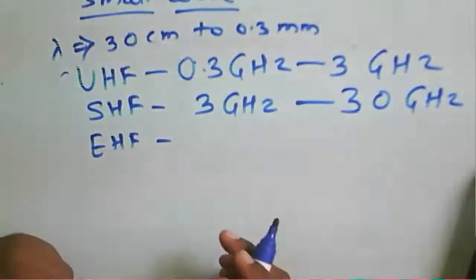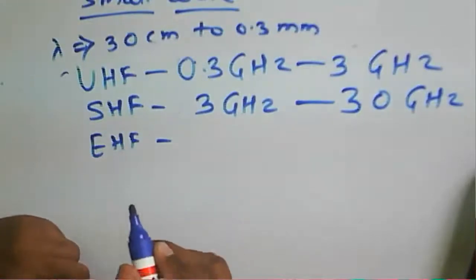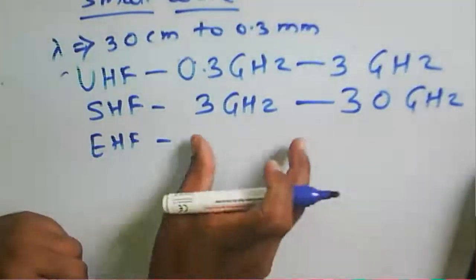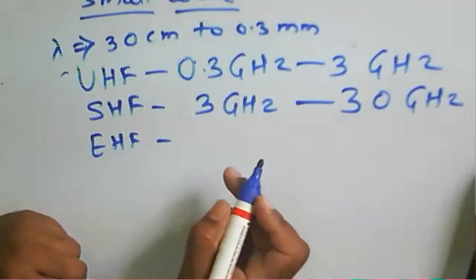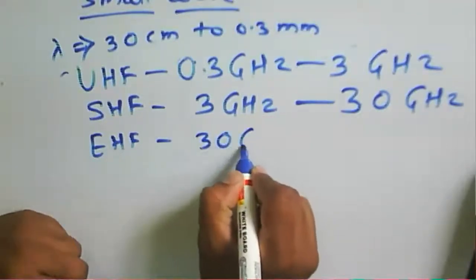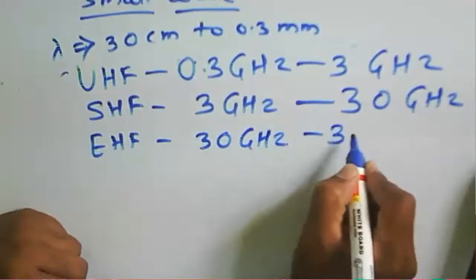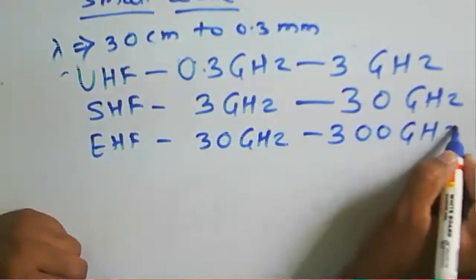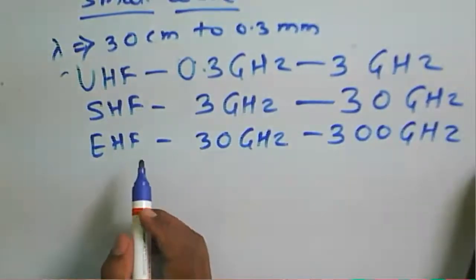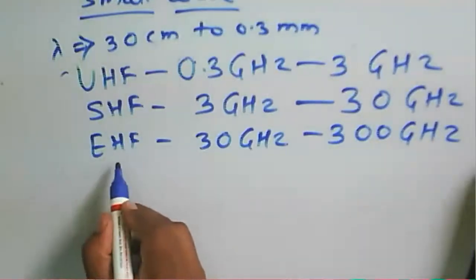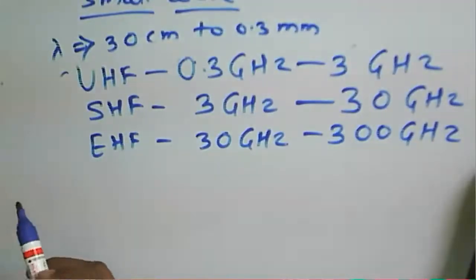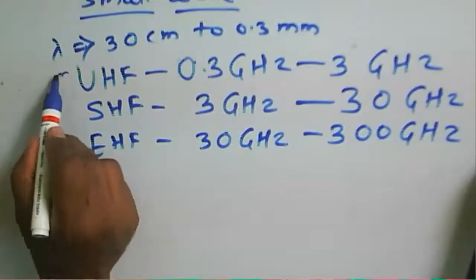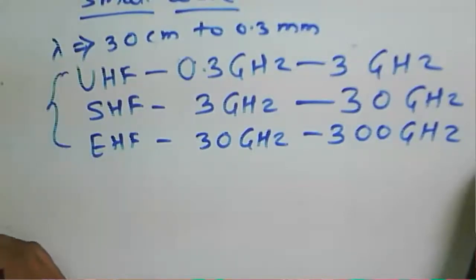Then 30 gigahertz to 300 gigahertz belongs to the extremely high frequency band. So these are the three basic band designations for the microwave region: ultra high, super high, and extremely high frequency bands.